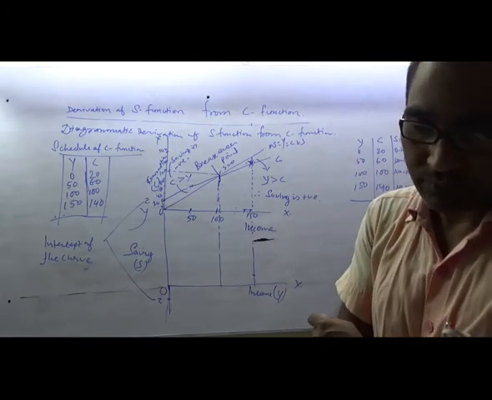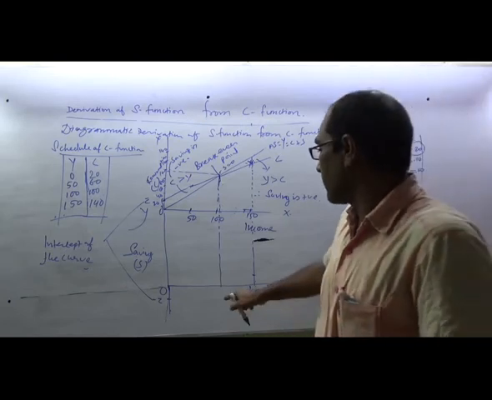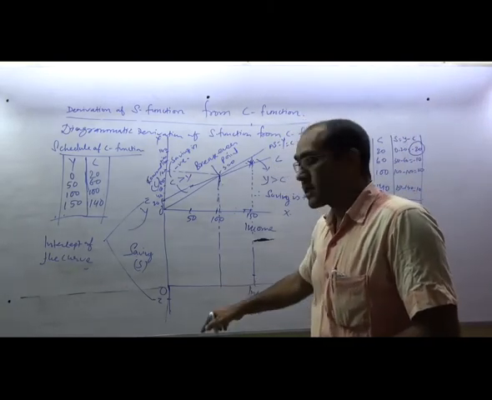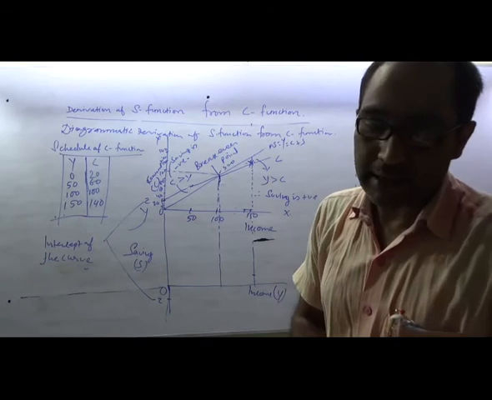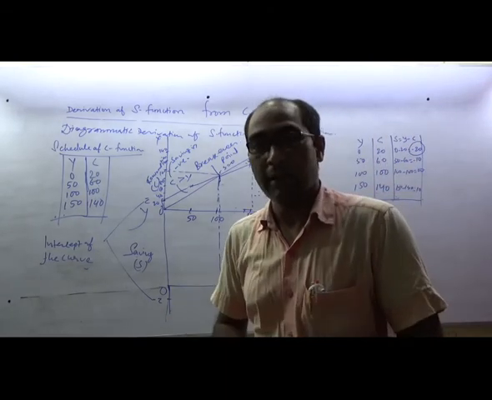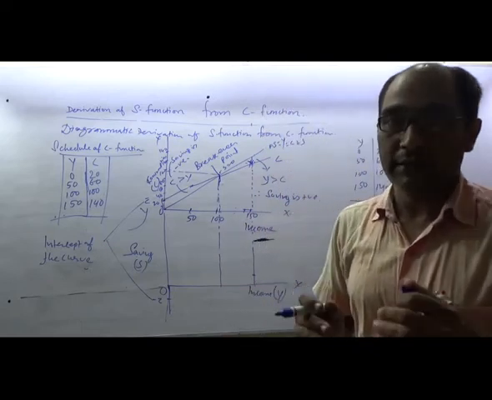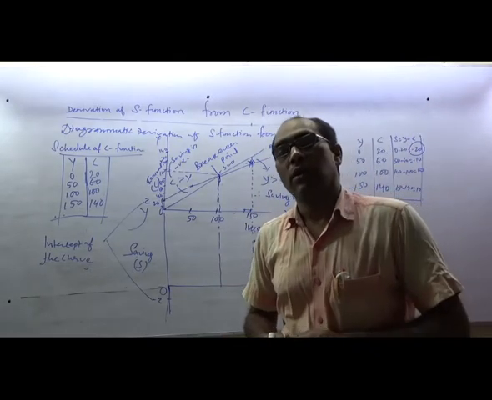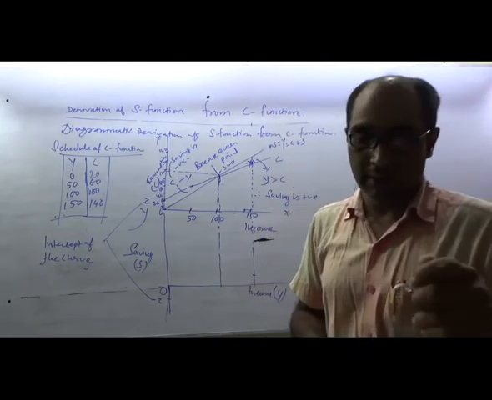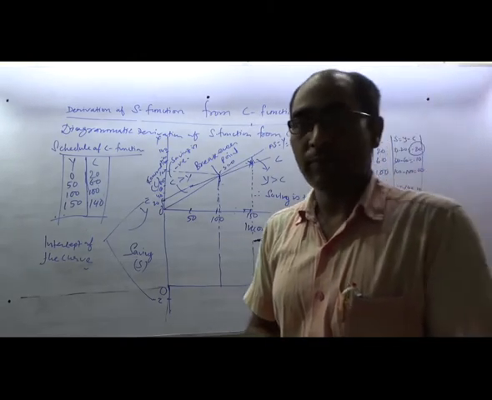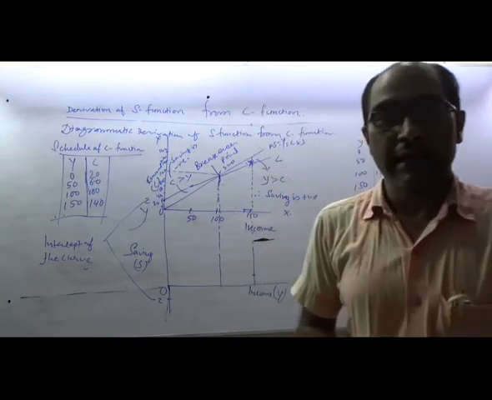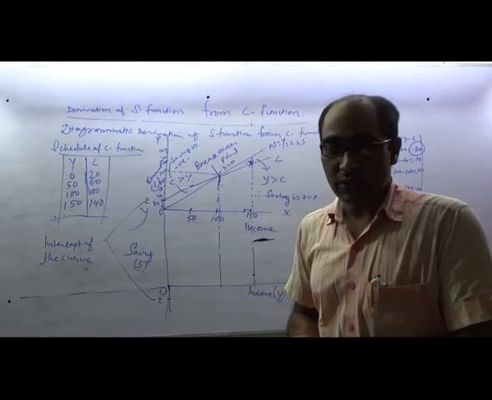So S equals 0 here; in the S equals 0 region, the entire income has been consumed. At the level of 100, income equals consumption, so there is no option for saving or de-saving. So on the second point, the entire income has been consumed, so there is 0 saving.